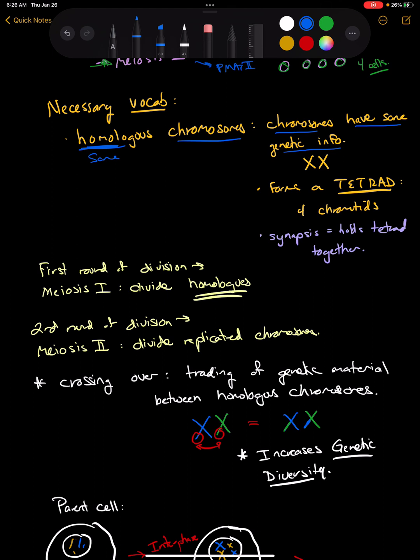All right, so these two X's right here are homologous chromosomes, because maybe right here at the end, that's where eye color is, right? And since they both have eye color at that spot, and maybe right here on this spot, we have height, since each chromosome is coding for the same information, then they're known as homologous chromosomes. They code for the same stuff.